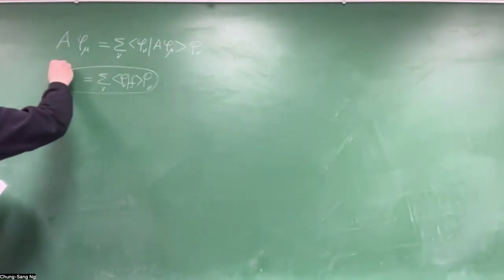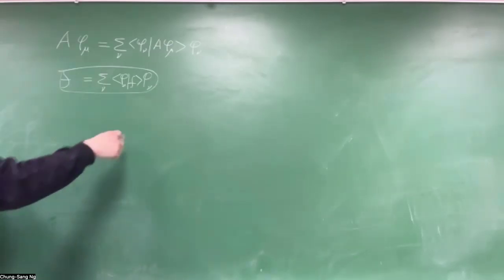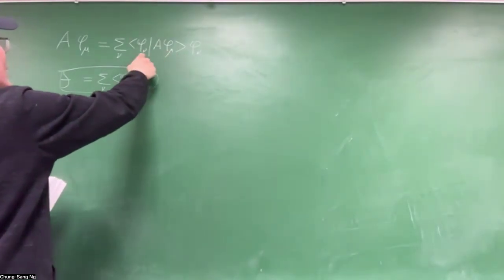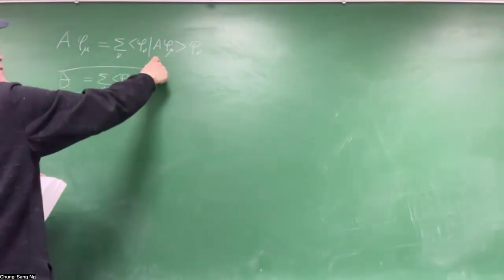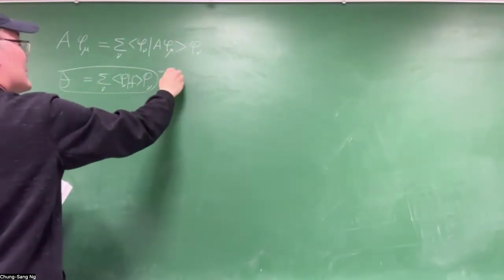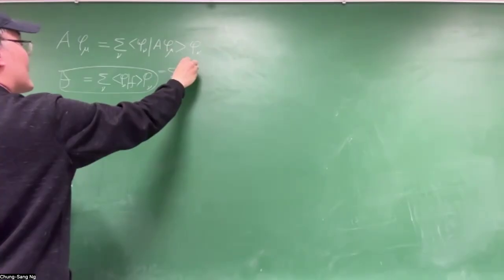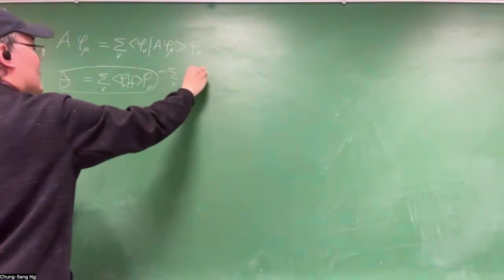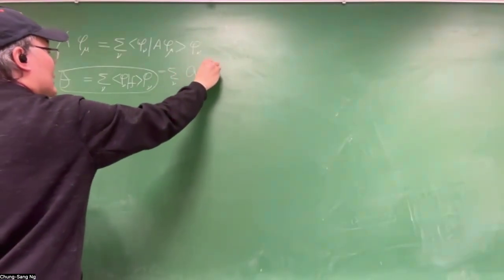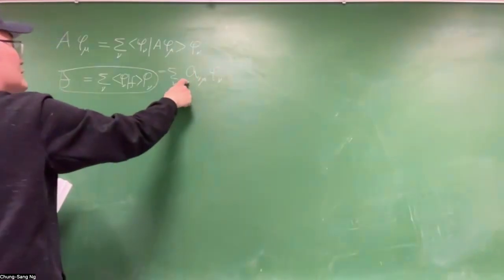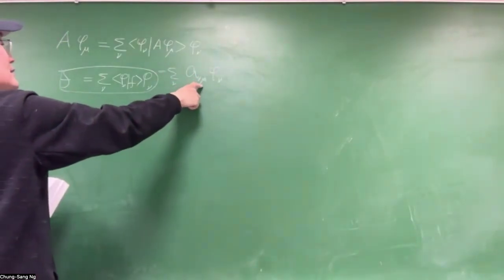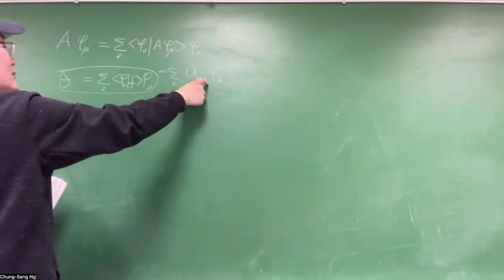So this is just a number. We can give it a name, A nu mu. Okay, so this number has two indices, nu and mu.